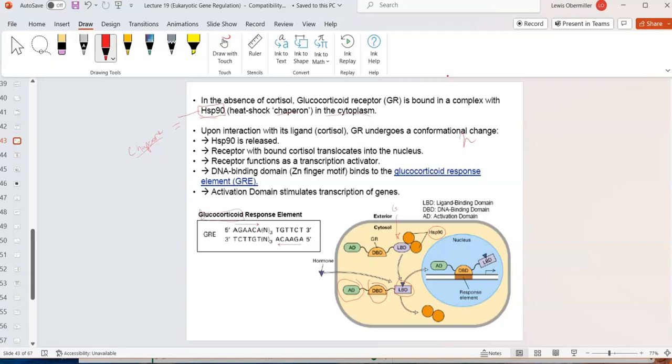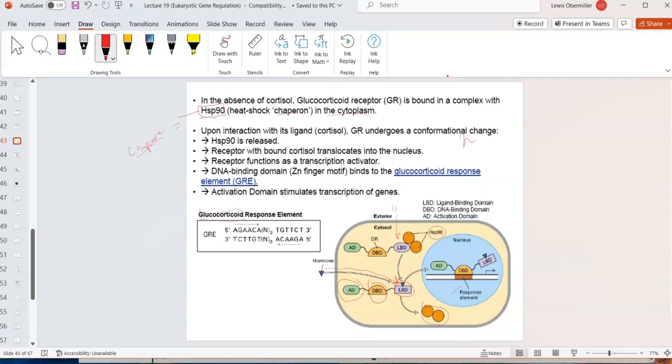Once glucocorticoids are present, it would displace the heat shock protein, which is shown here, and that hormone would then bind to this ligand. So, in this case, the steroid hormone glucocorticoids, once it's bound to that, it gets transferred into the nucleus.